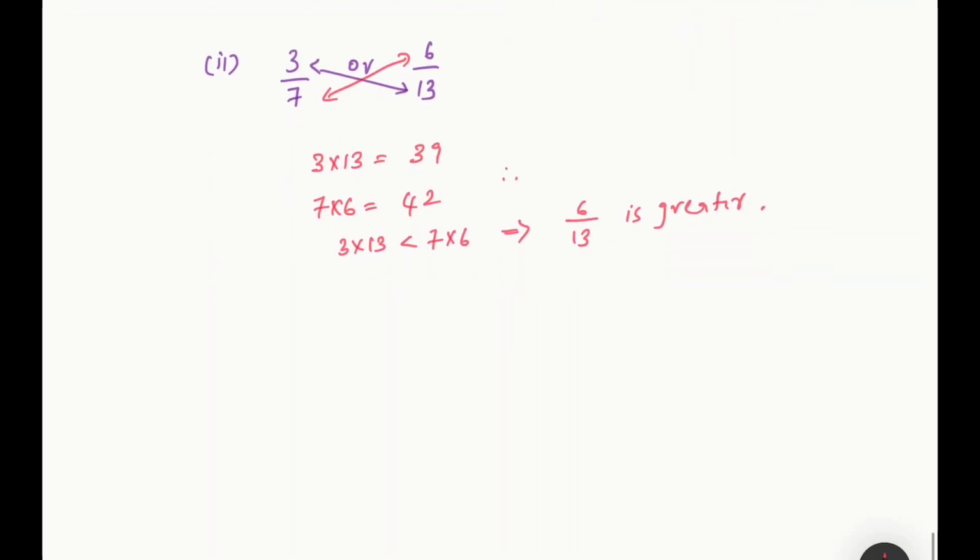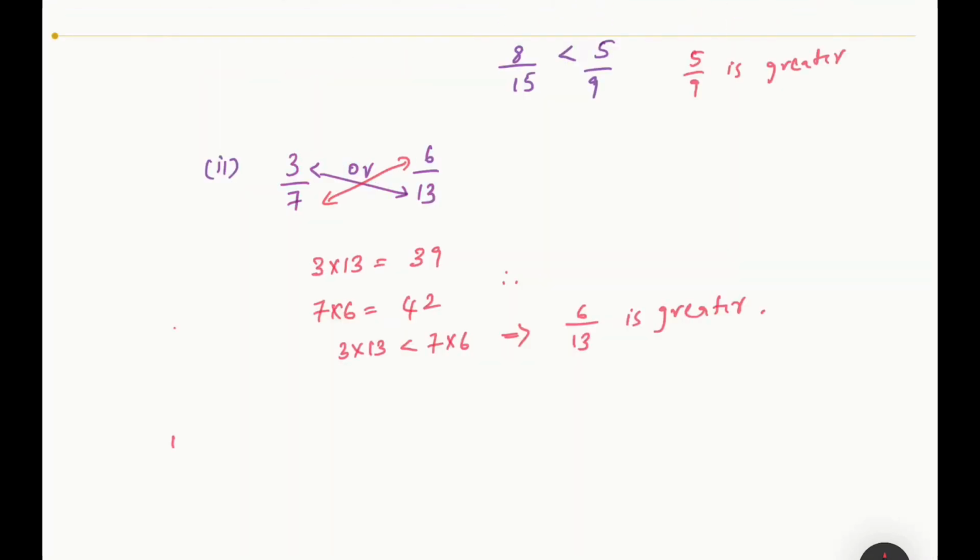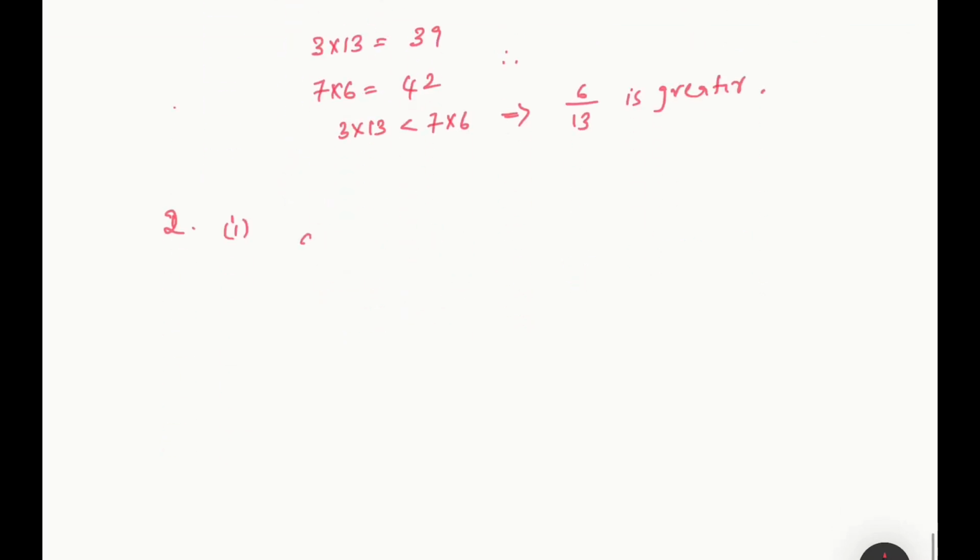Now they've asked which ratio is smaller. Same way you need to do it. Second question, first sub question: 9 by 17 or 8 by 15.